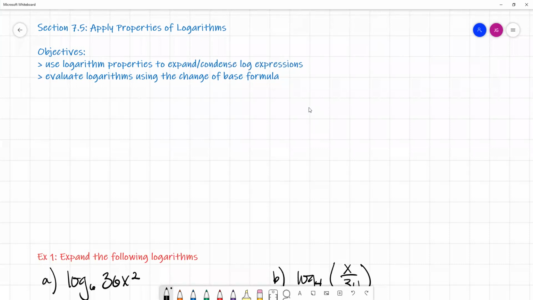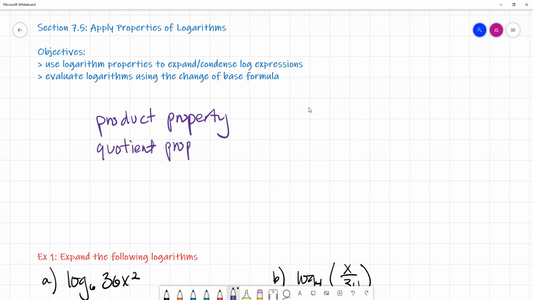Okay, so the properties of logarithms that we have, there are three that we're going to want to know. And we have their names. We have product property, quotient property, and then the power property.